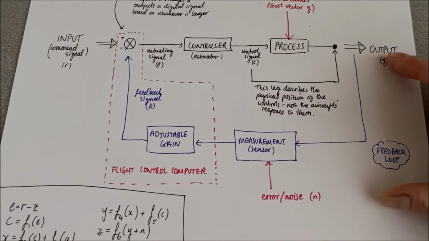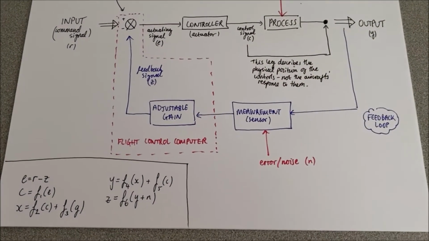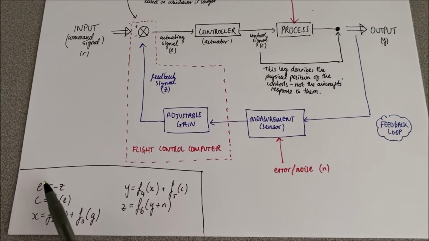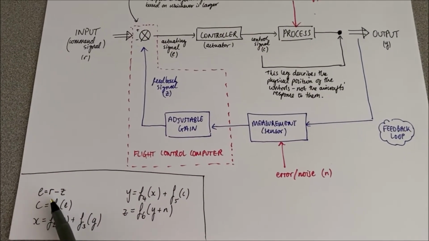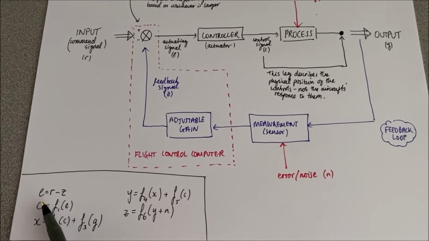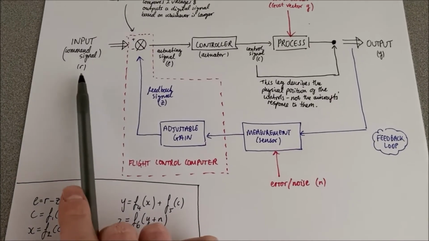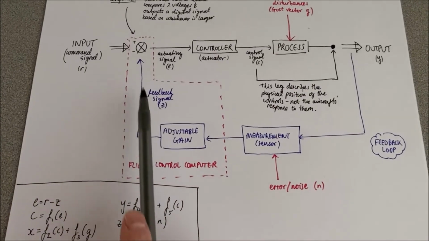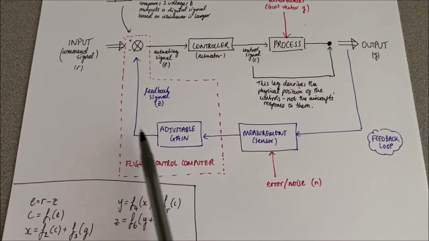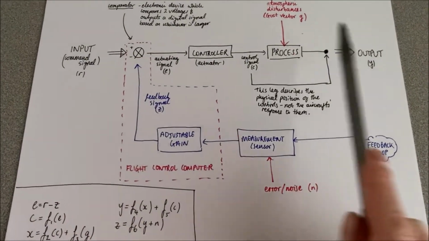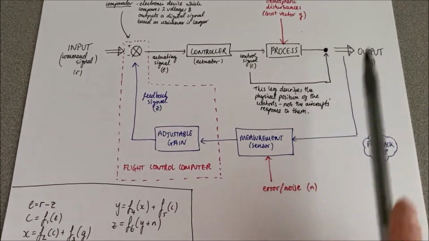Now, there are a few laws which describe what's going on here, which I've tried to describe down in this corner here. So first of all, looking at the actuating signal E, that's just the difference between the original input signal and our feedback signal, which adjusts the controller on the fly to ultimately find the output that's desired.